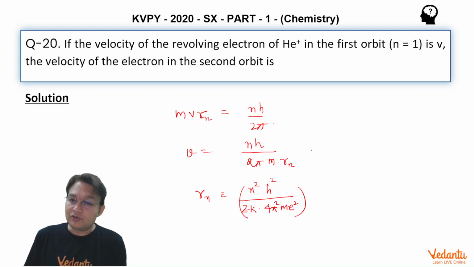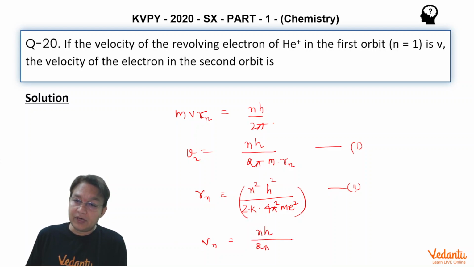If you substitute equation number 2 in equation number 1, you will get the expression for Vn, which looks like nh divided by 2 pi m, and instead of Rn we write n square h square upon Z into K into 4 pi square m e square.